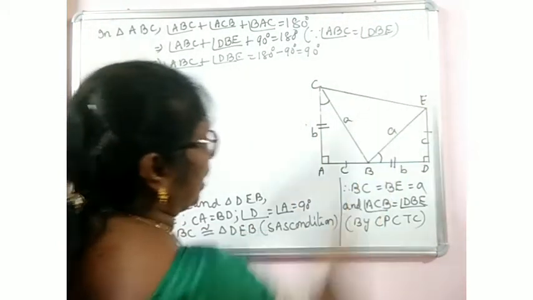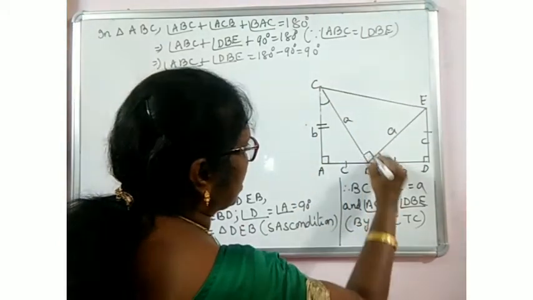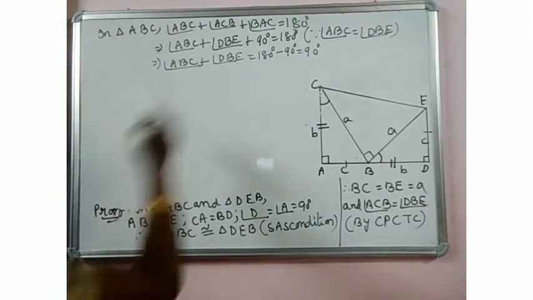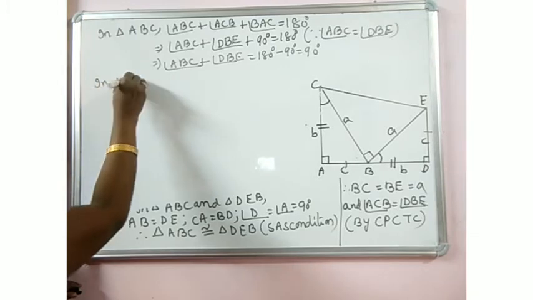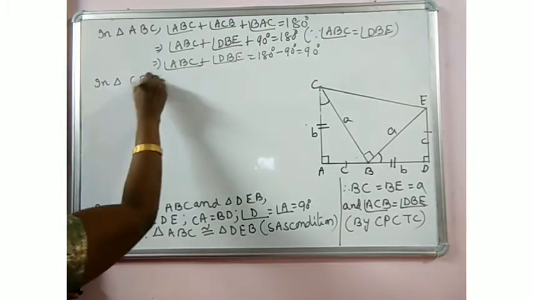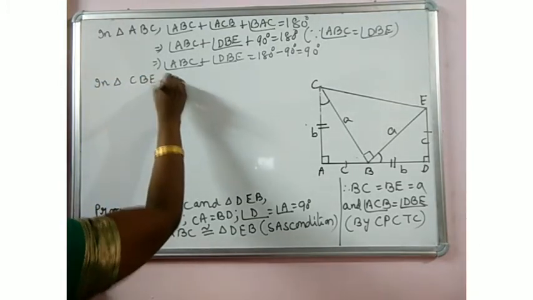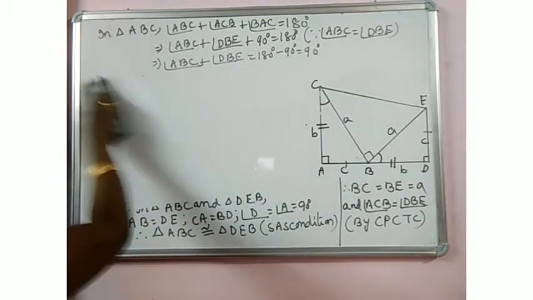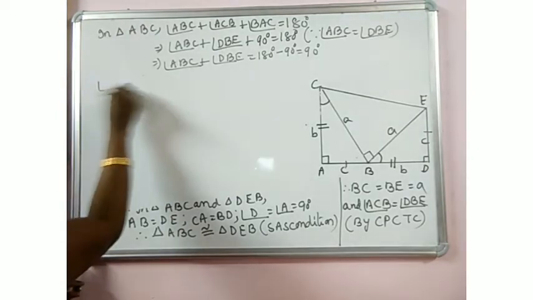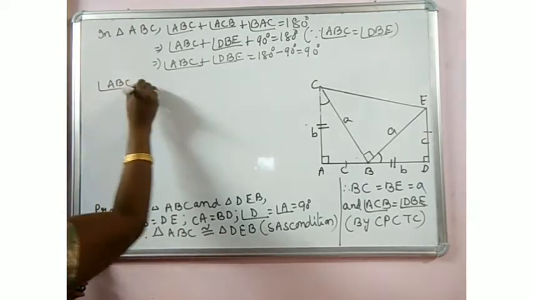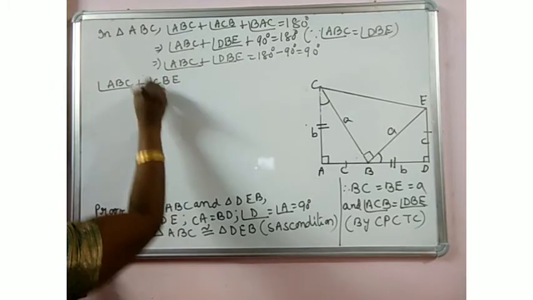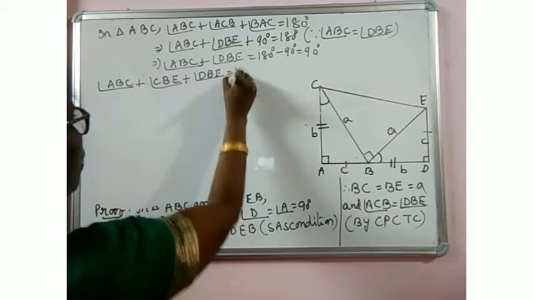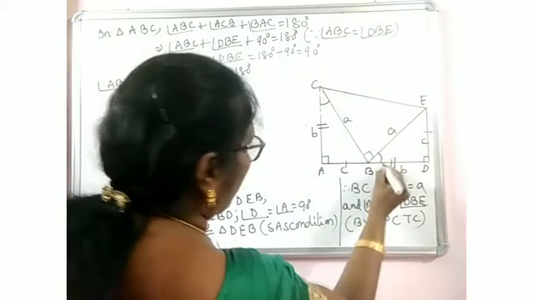That means angle CBE will be 180 minus this plus this. So angle CBE will be 90 degree. Okay. So in triangle CBE, angle A, not triangle CBE, sorry, we know that angle ABC plus angle CBE plus angle DBE is equal to 180 degree, because this is straight angle.